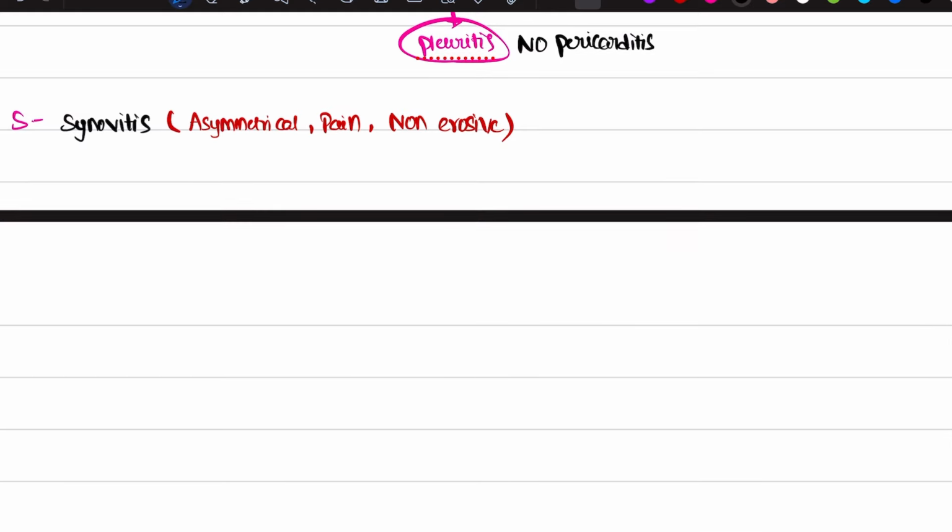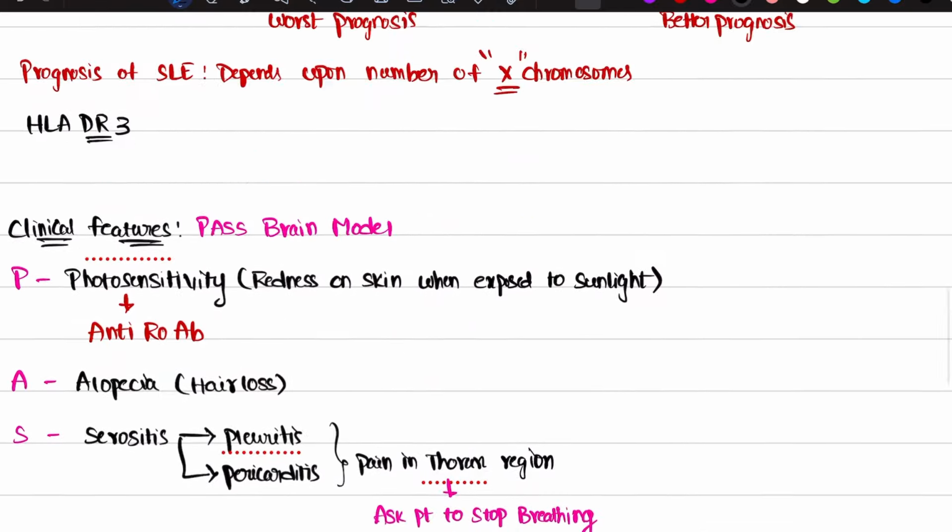So next we completed the PASS, and next we are going with the BRAIN. Let me write it for you. B stands for blood manifestations. It also affects the blood as well. Let me write it. Blood manifestations.